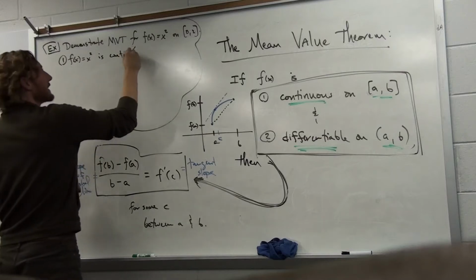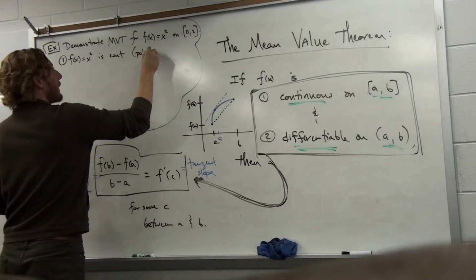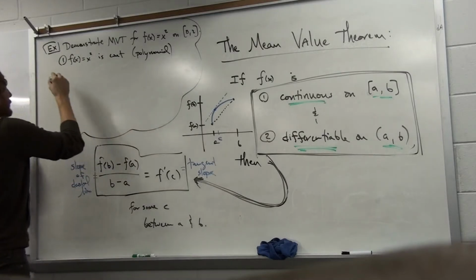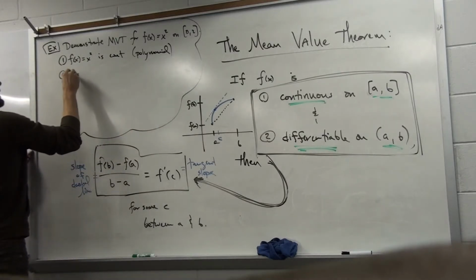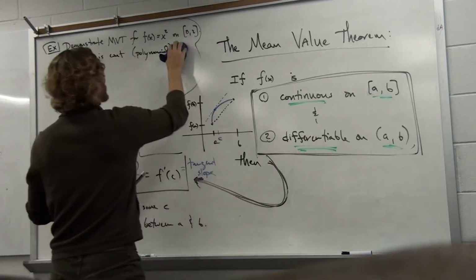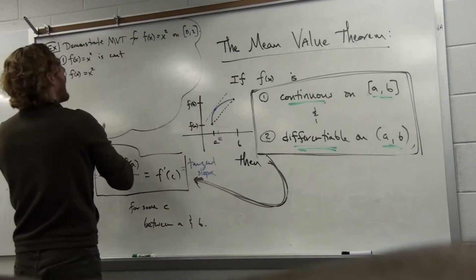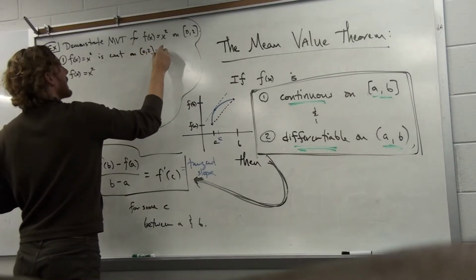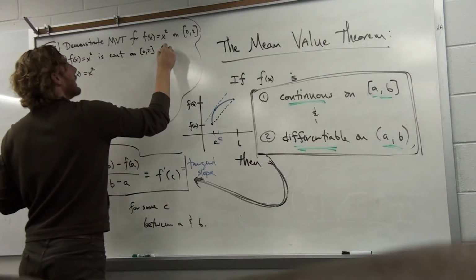Why is it continuous? It's a polynomial, and any polynomial function is continuous. Also, second key point, and I should be very clear here, this function is continuous on the interval closed 0, 2. God, I would have lost a point on the test.